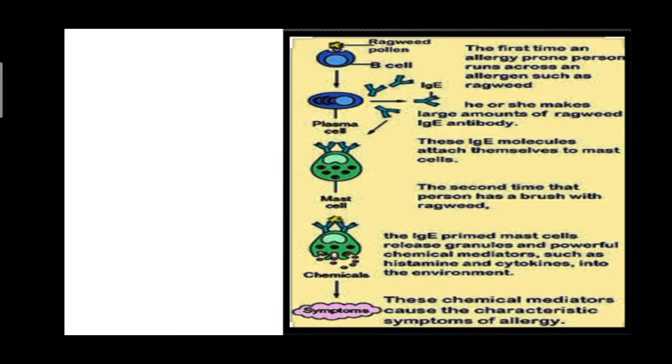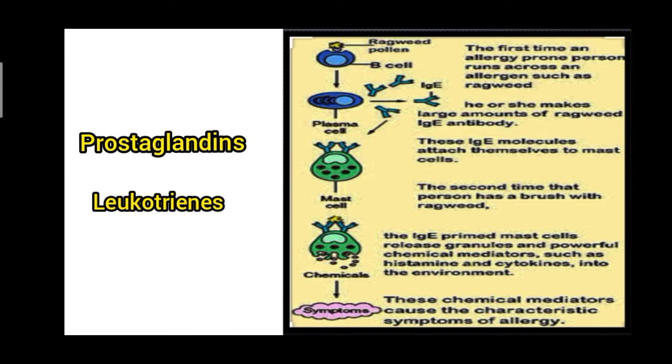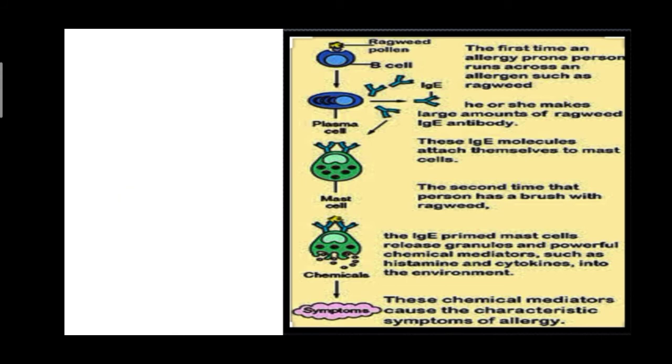You know that nucleotides are synthesized by two pathways: one is de novo, another one is the salvage pathway. So here the contents must be synthesized de novo and comprise arachidonic acid derivatives, which are prostaglandins and leukotrienes, and other platelet activating factors, some bradykinin and various cytokines.